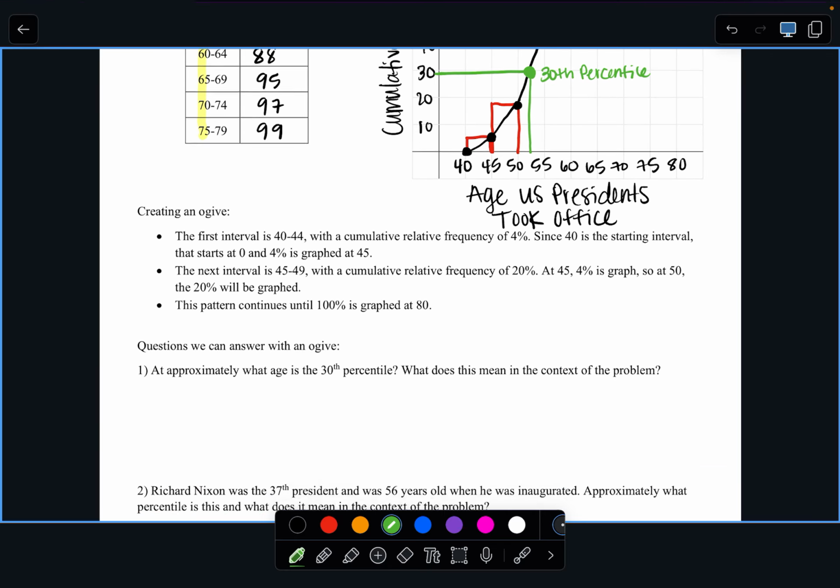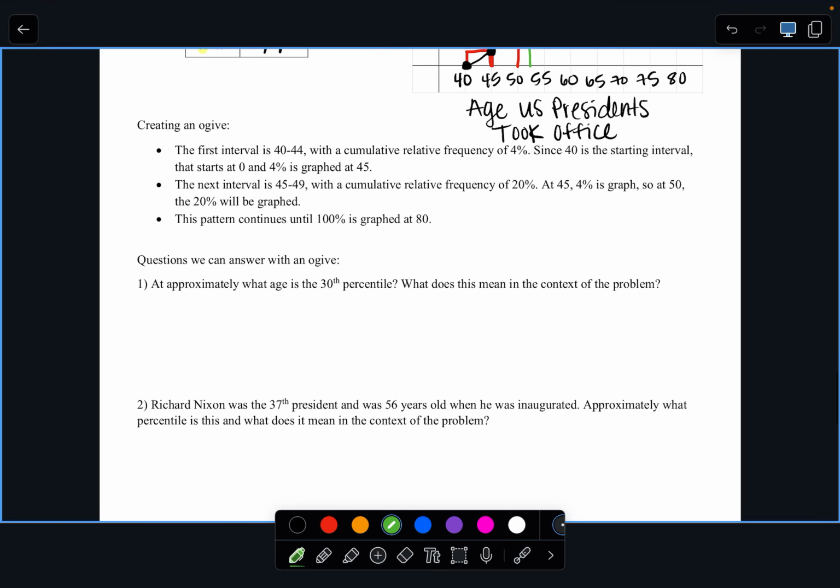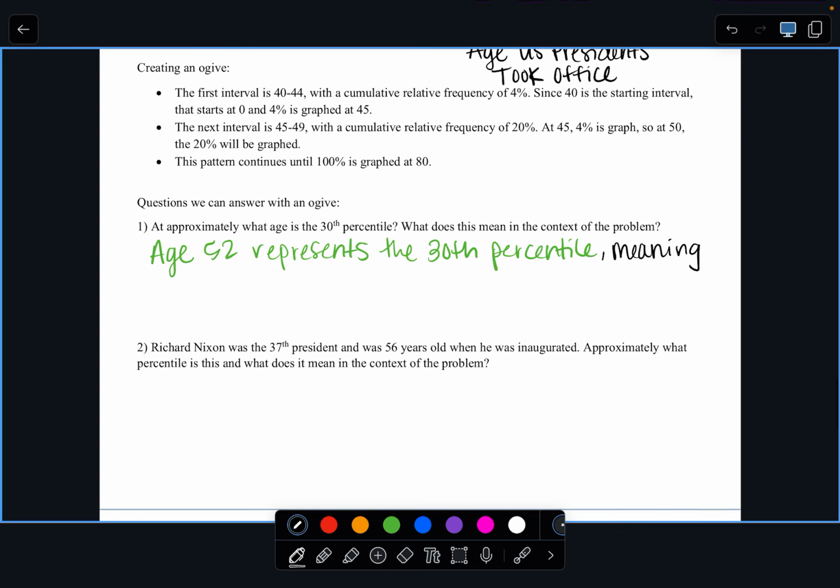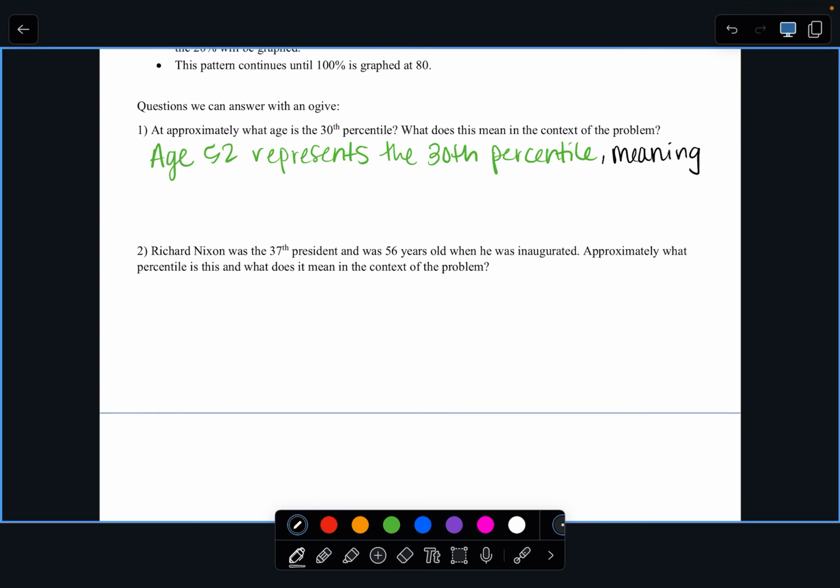So the way we answer this, at approximately what age is the 30th percentile? We'll say age 52 represents the 30th percentile. And we'll say meaning. And if you encounter a problem where there is a follow-up question, you have to answer the follow-up question. On the AP exam, when they start breaking down those grading rubrics, if you only answered 52, they're not giving you credit.